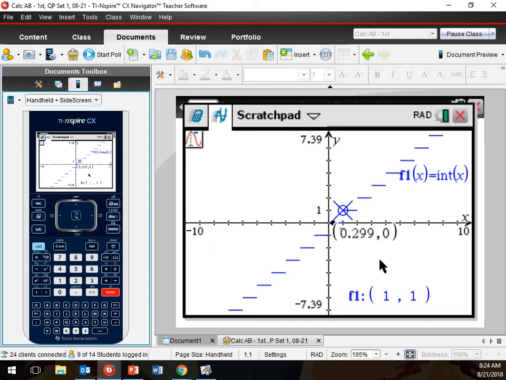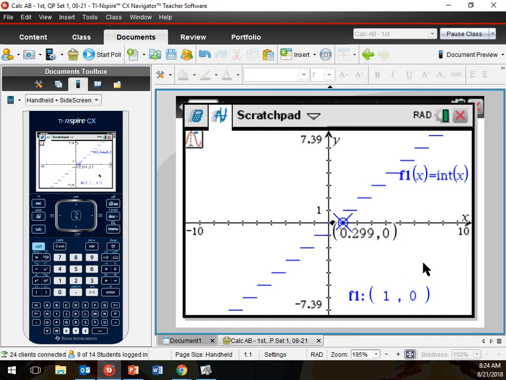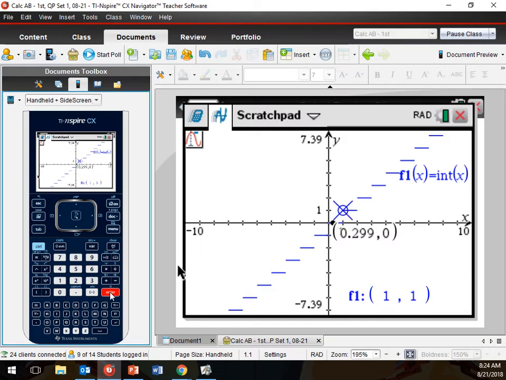Where's 1 at? 1 is at 1. Okay, let's try the other one. Let's go 0.999. Hey, look, it's down here at 0.999. My calculator rounds it to 1 because it's so close anyway. So it's down here at 0.999 at 0, but when I just type in 1, it goes up.